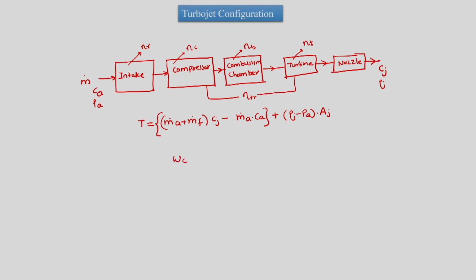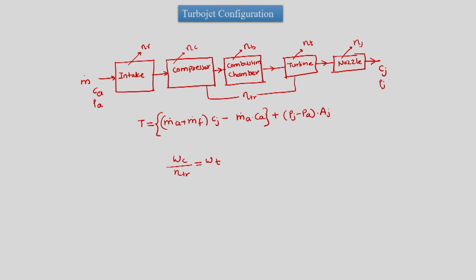If Wc is the necessary work input for the compressor, then we have to produce work which is more than the compressor work, and this should be equal to the turbine work. The turbine is necessarily present in the turbojet to run the compressor. In the ideal case, turbine work is equal to compressor work, but due to transmission losses we have to do more work in the turbine, such that we can produce the necessary compression in the compressor.